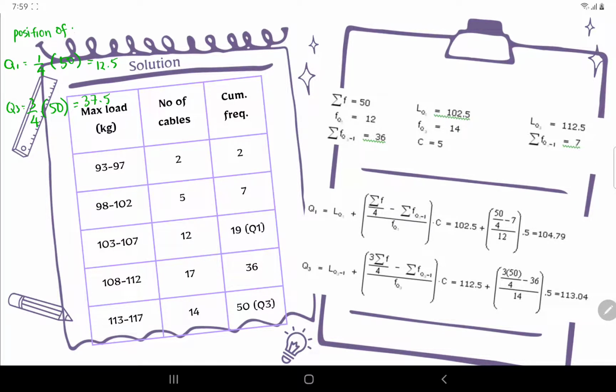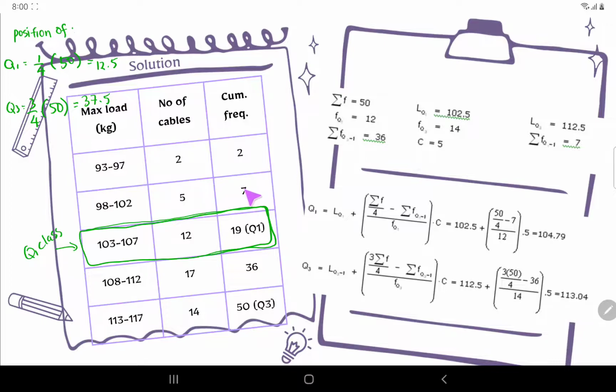When we know the position for Q1, which is 12.5, we need to determine where the class for Q1 is. 12.5 is located here, so this is the Q1 class. Why? Here the cumulative frequency is 2, meaning from 0 to 2.